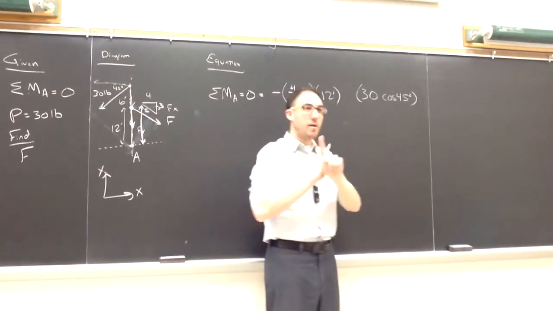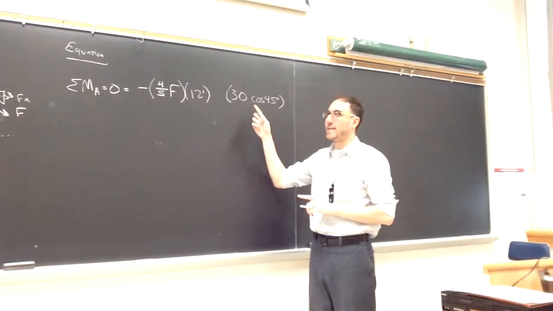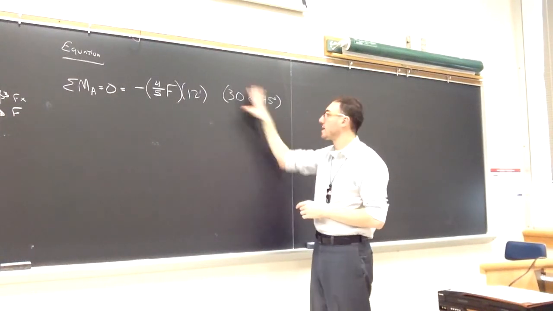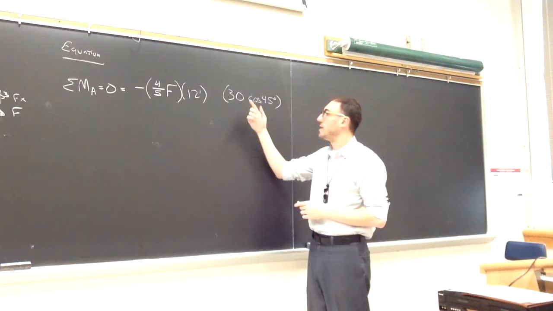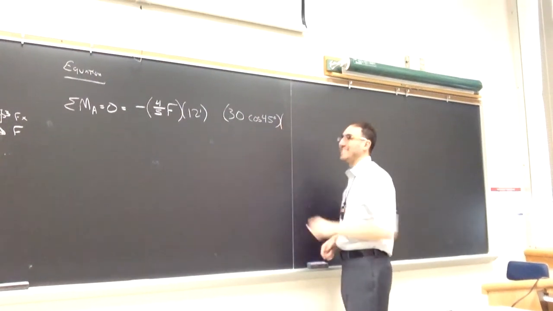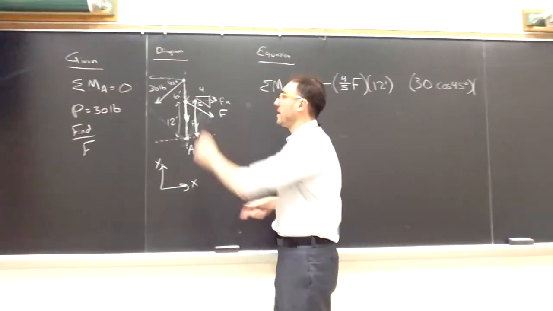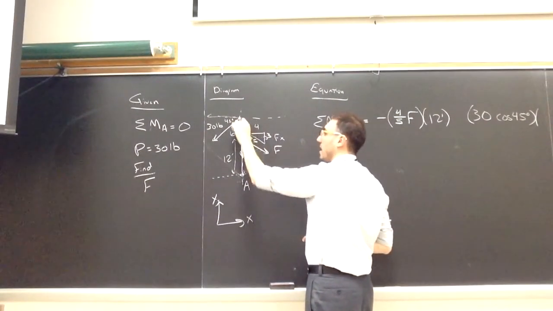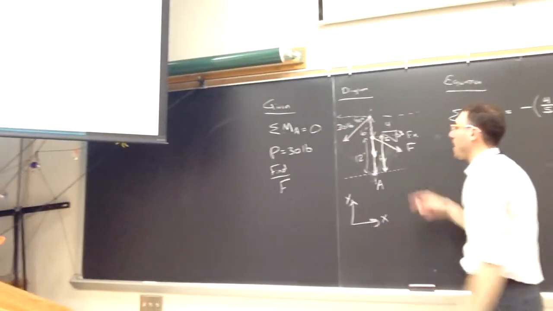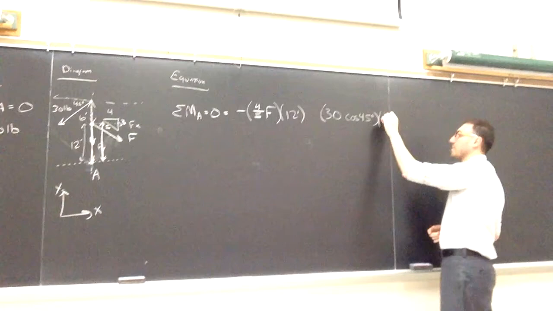Notice here, for the moment calculation, I don't care that this is in the negative x direction. I'm not counting that in 2D. I just care about its magnitude for the moment. And then its distance from point A: it acts along this line, which is 18 feet from the parallel line that goes through A. So this has a distance of 18.